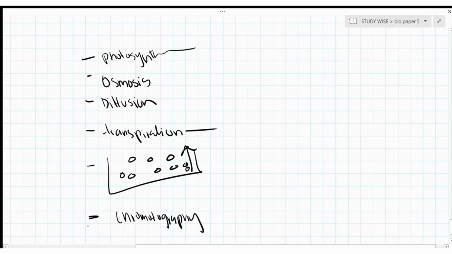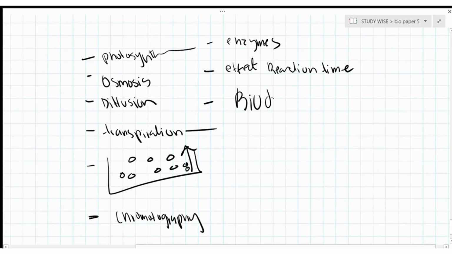There are a ton of other experiments, like enzymes. For example, they could ask you about the effect of caffeine, or basically something that affects your reaction time. And several others, there are a ton of others. If you say biodiversity, we're talking about sampling.